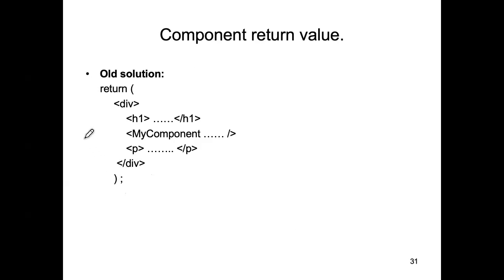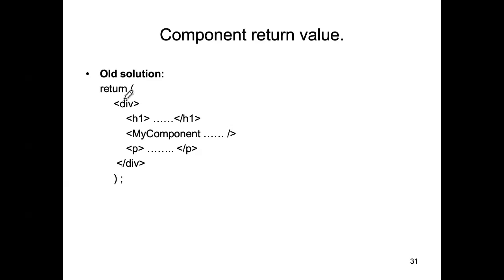Now, the upshot of that, though, is we have to artificially include a lot of divs in our components just to satisfy that requirement. And so in a very large application with lots and lots of components, all of which contribute to the browser's DOM data structure, which we were talking about at the very beginning, that DOM data structure is going to have nodes corresponding to all of these divs.